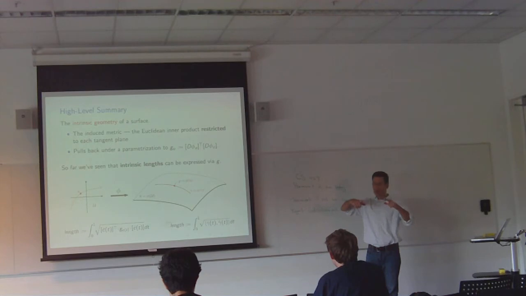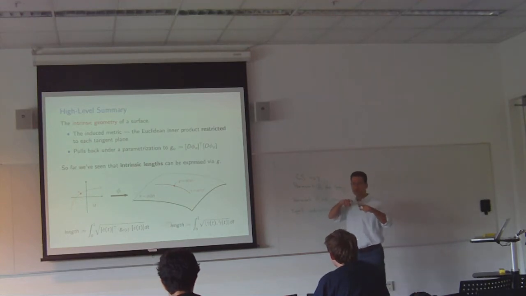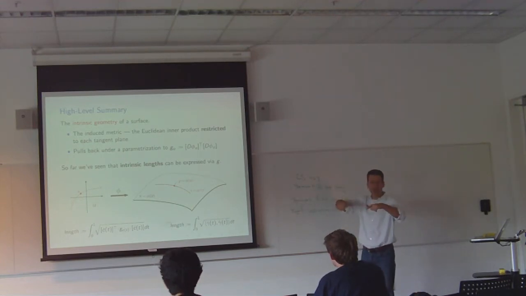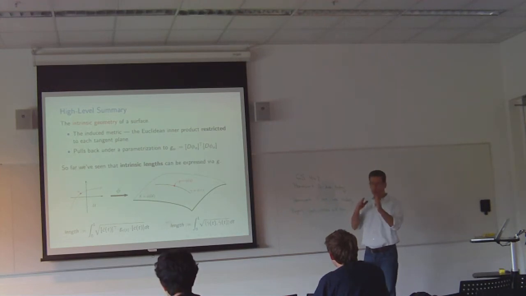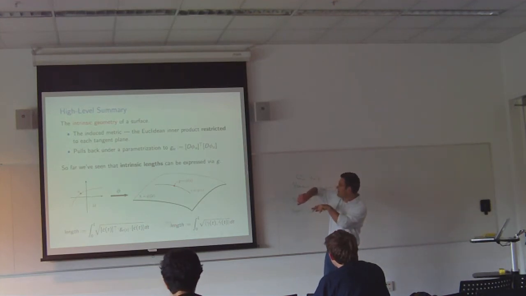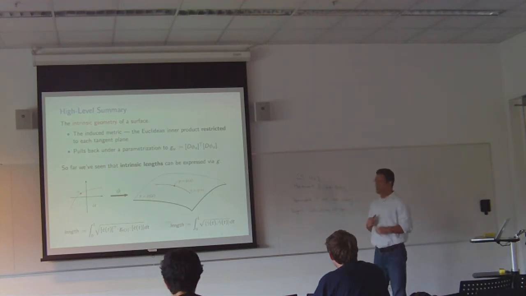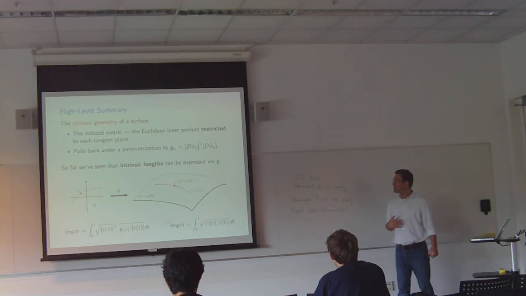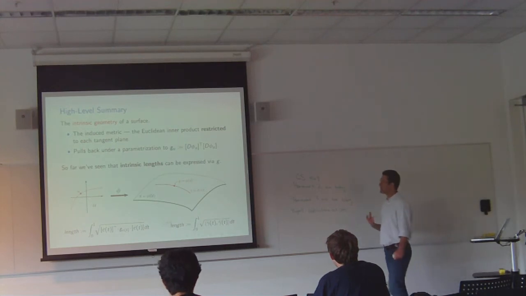So in other words, you consider it as an operator, the inner product restricted to the tangent plane as a bilinear form on a product of two-dimensional vector spaces, right? So it operates on vectors that are two-dimensional and live in the two-dimensional tangent plane of the surface. So this is our first step into the intrinsic geometry, defining this induced metric.